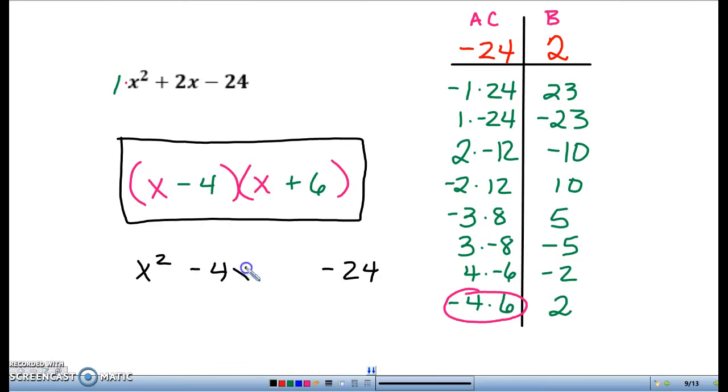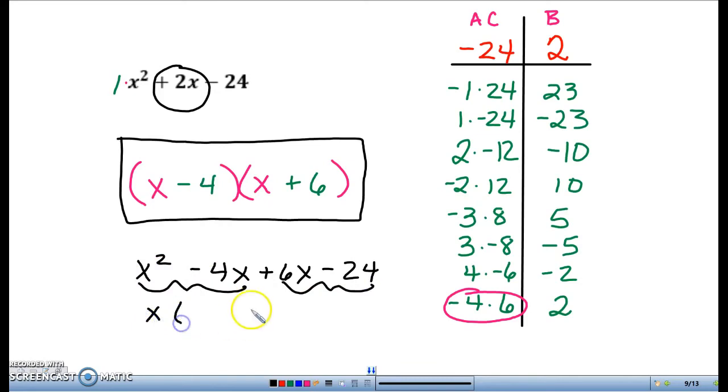Minus 4x plus 6x. So what I did was I renamed 2x with these two like terms. Now when you factor by grouping, I'm going to group those together and group those together. Your GCF in the first group is x, which leaves you with x times x gives you that x squared, and x times negative 4 gives you negative 4x.